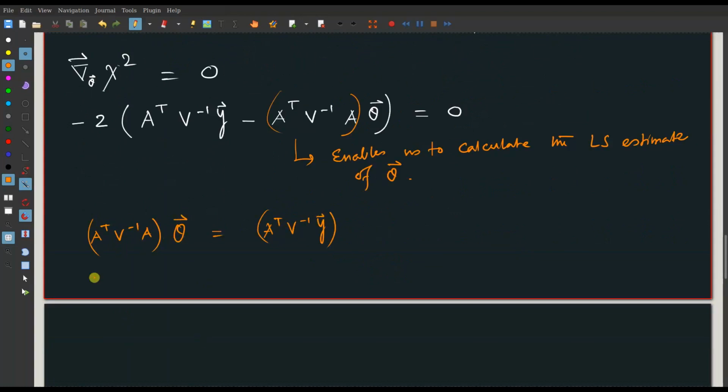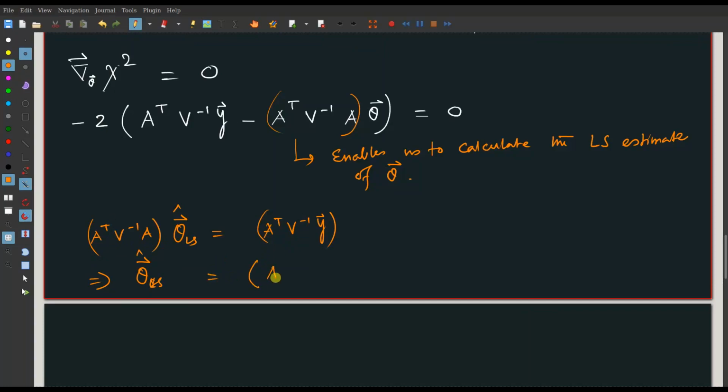Now, to get your theta vector, or rather the theta least square estimate, you basically multiply by the inverse of this matrix from the left and multiply it here.